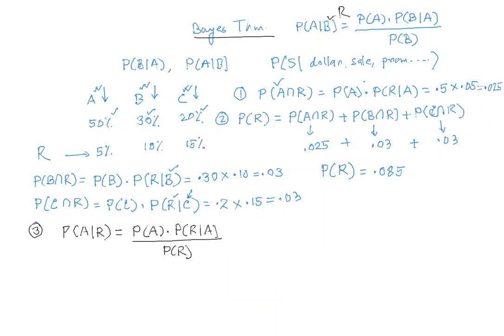Now, the probability of reservation problem is 0.085, and then the probability of staying at hotel A is 50% or 0.5, times the probability of having a reservation problem given that the person stays at hotel A, which is 0.05, which is 0.025, all of it divided by 0.085, which is 25 over 85.